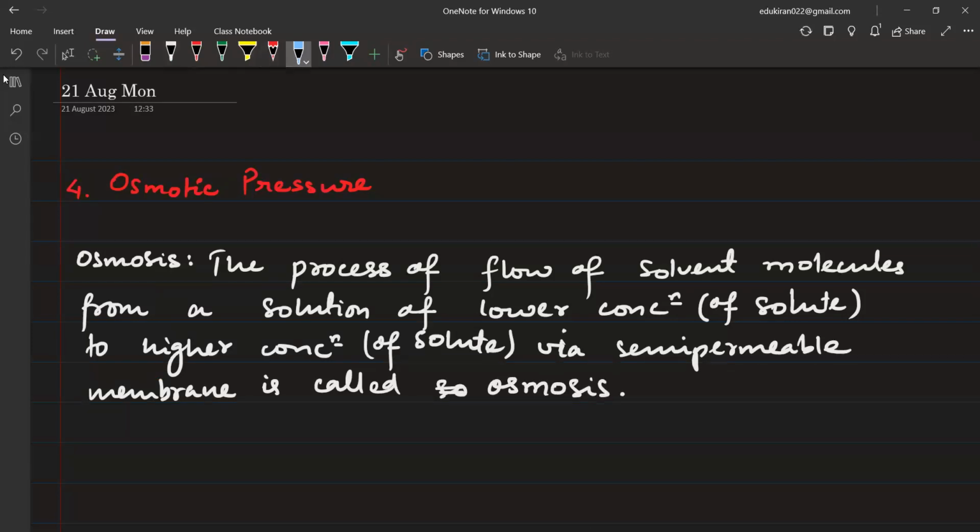The important point here is the flow of solvent molecules. So what is flowing? The flow is of solvent molecules.